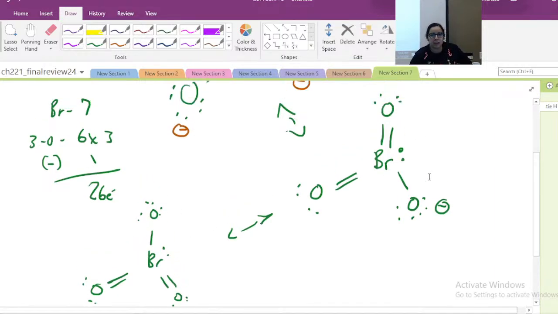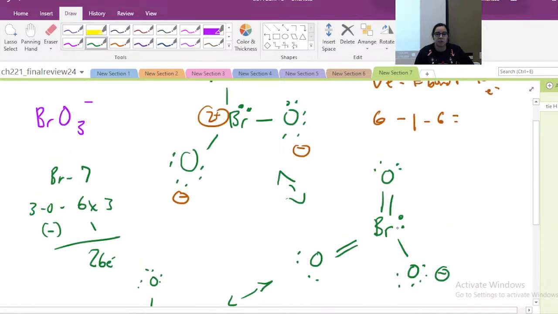And then what's a criticism of this structure, though? What's kind of a, not necessarily a problem, but we should just point it out. It's asymmetrical. So that's okay, right? That's where the resonance structures come into play, but there's something else.